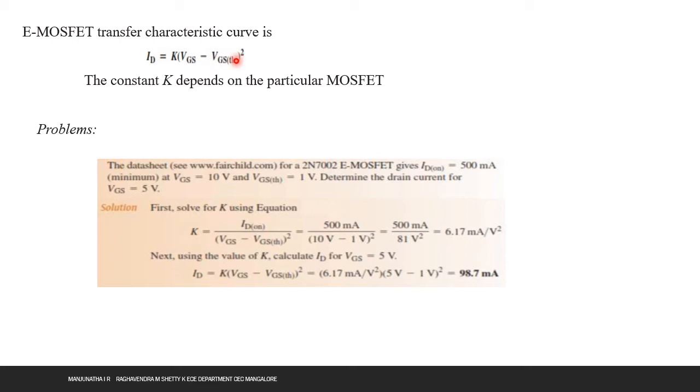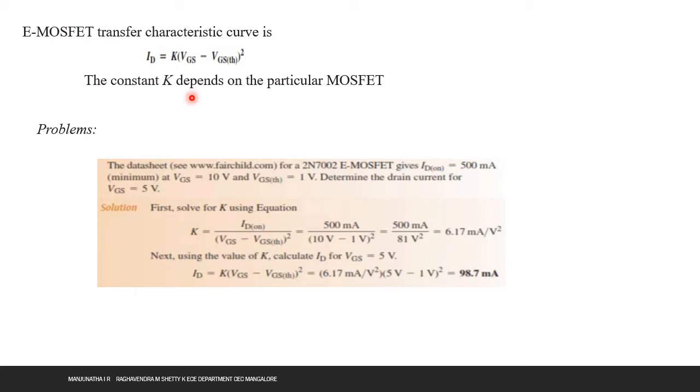From the previous discussion, along the x-axis it is written VGS and along the y-axis it is written ID, and ID is going to change after the threshold value of VGS. Before the threshold value of VGS, ID is almost 0.